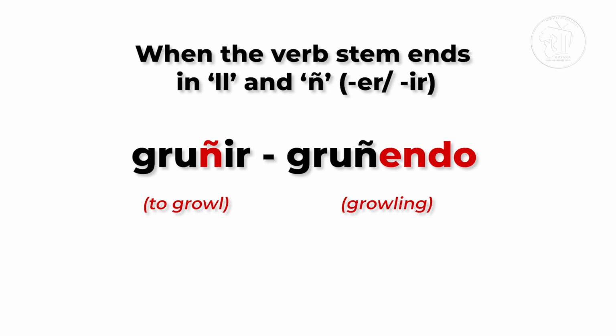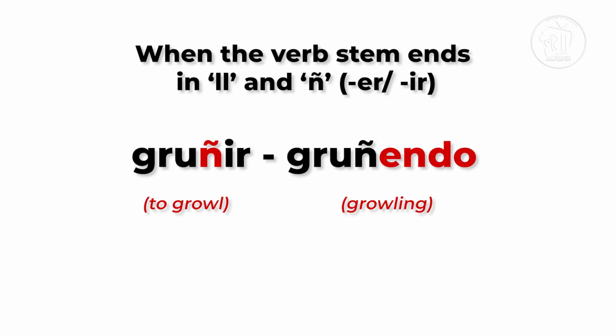So as long as you remove your endings, whether ER or IR, if the stem ends in ñ or LL, you do not add IENDO, you only add ENDO. So while gruñir means to growl, growling is gruñendo. Let's pronounce that. Gruñendo.